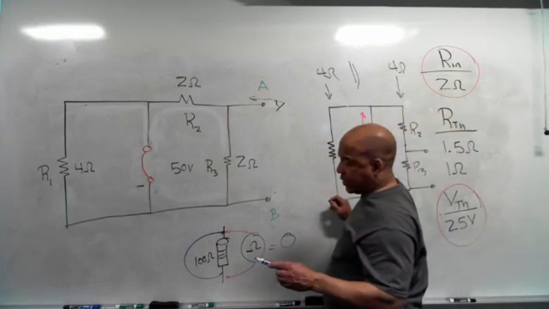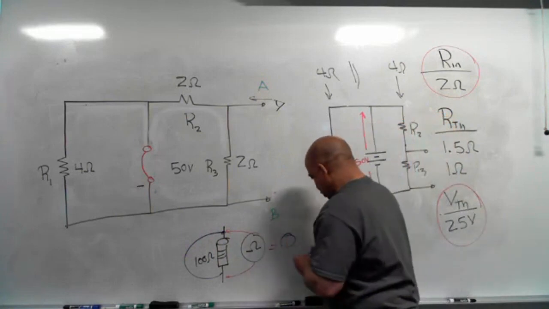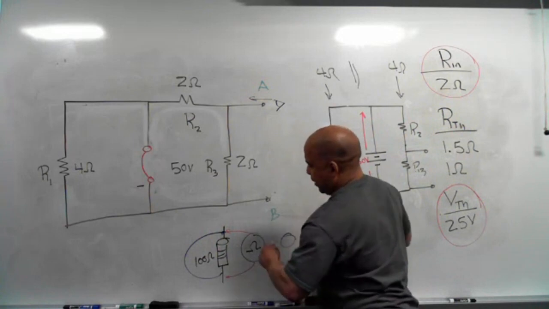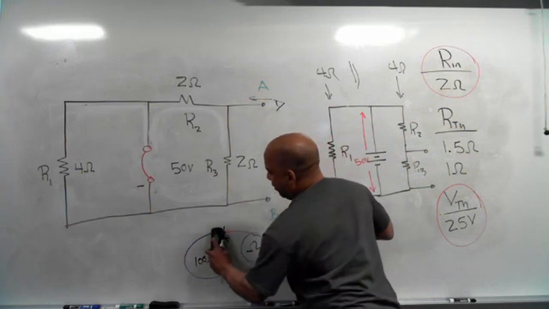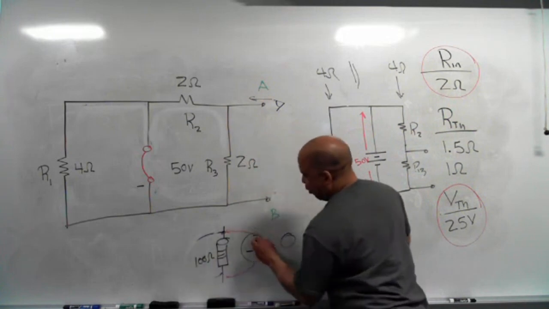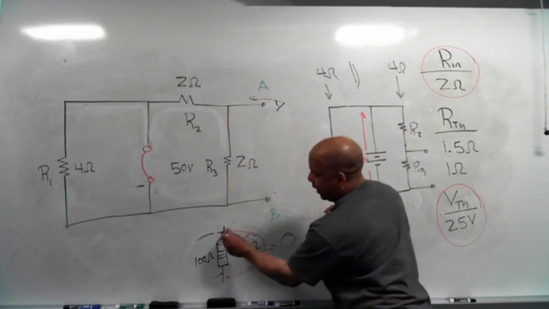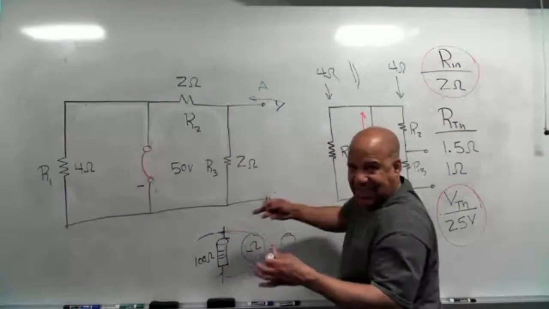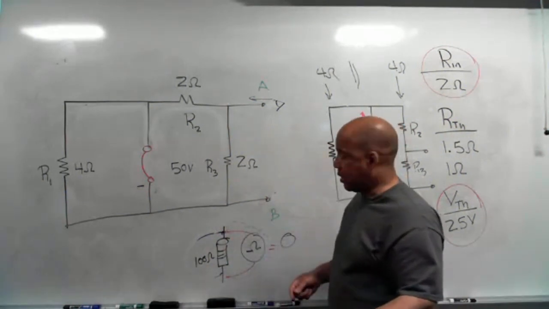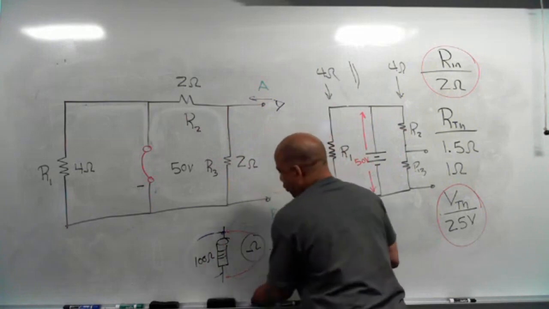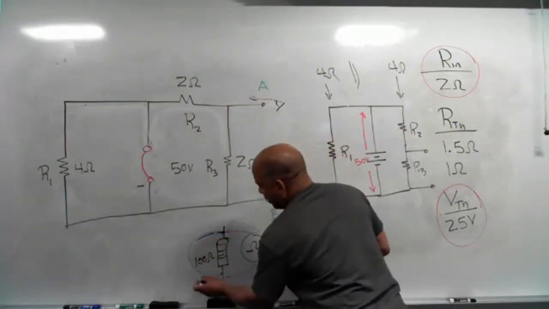The way the ohm meter works is the ohm meter actually sends out a current. If I don't have this short here, the ohm meter has a battery and it'll send out a current and go through that 100 ohm resistor, and that's how it knows how much its resistance is. The current has to push through it. But if I put a short, well, the short circuit is like a bypass.